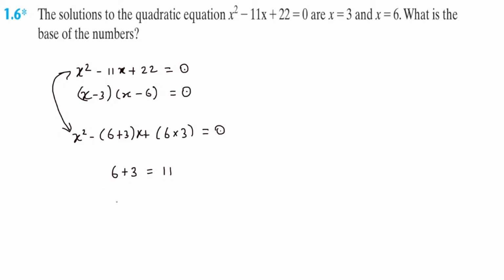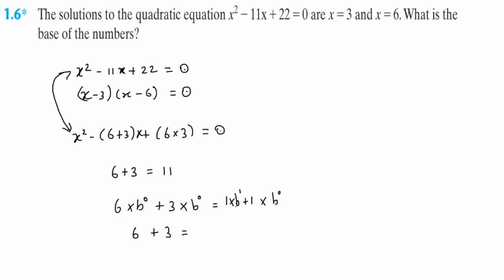6 is just one digit, so it's 6 times b to the power 0, plus 3 times b to the power 0. And 11 is two digits, so the first digit gets b to the power 0 as its weight, and the second digit gets b to the power 1. So b to the power 0 is 1, so we just get 6, and 3 times 1 is just 3.